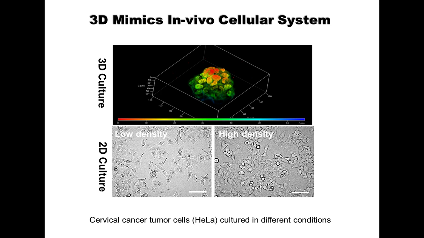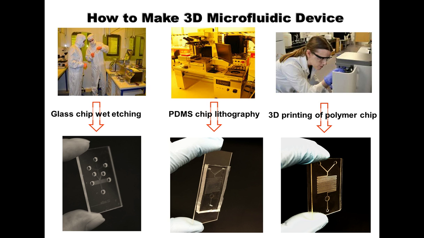And we know the three-dimensional is important and powerful, but how can we introduce such a three-dimensional microstructure into microfluidics? So I'm going to introduce some methods we have developed for making 3D microfluidic devices.